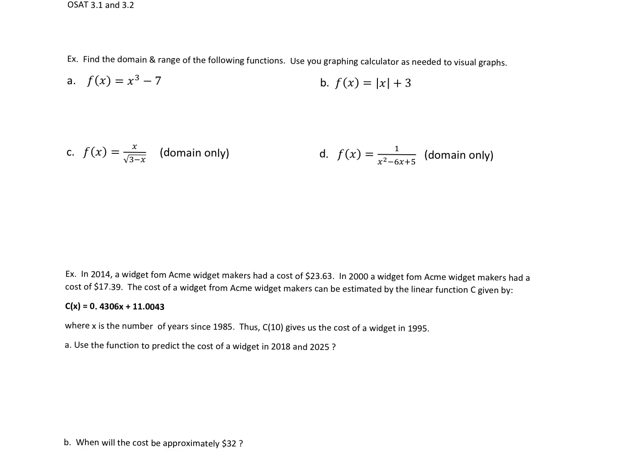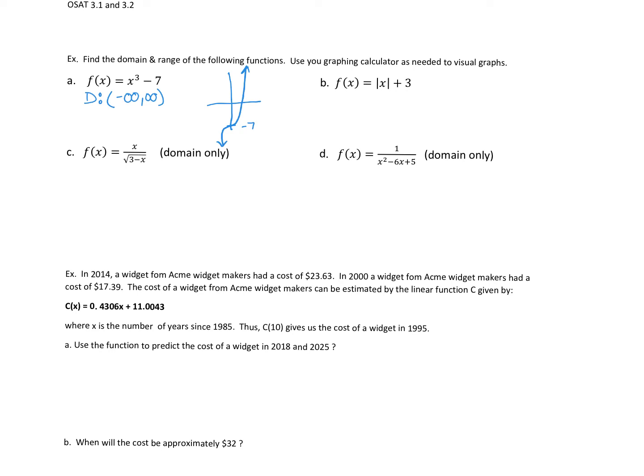So for part A, we're going to ask ourselves, do we have any division in this function? And the answer is no, so there's no division by 0. And then the second question is, do we have any square roots? No. And if we don't have any problems, then the domain is going to be all real numbers, minus infinity to infinity.